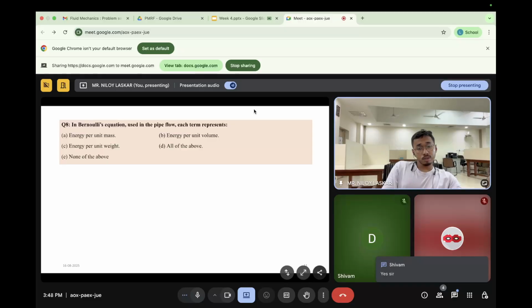It's good to hear. Now try to understand this. Sachin is saying it's energy per unit mass, and Shivam is saying energy per unit volume.